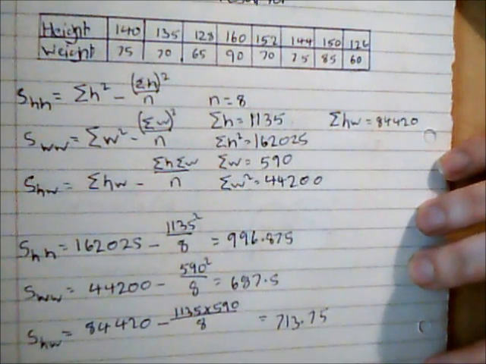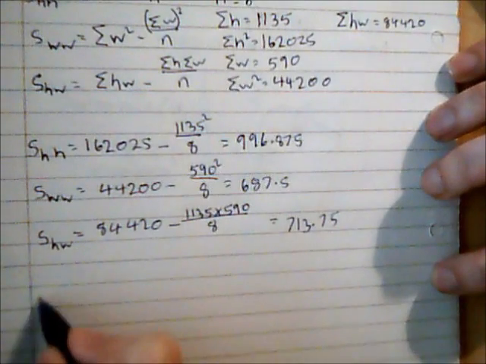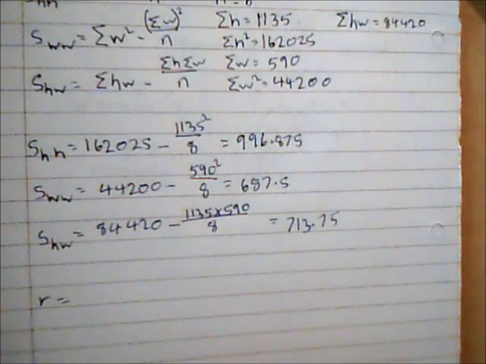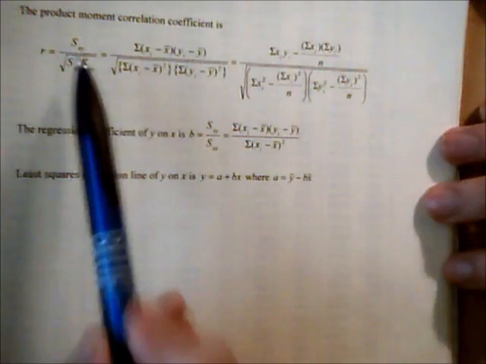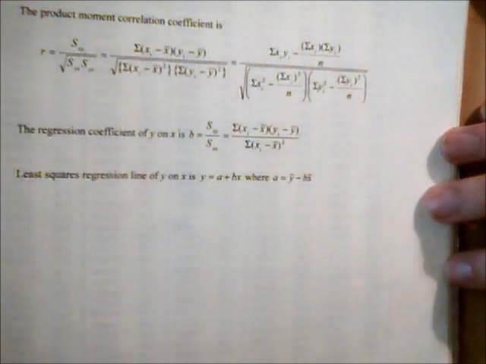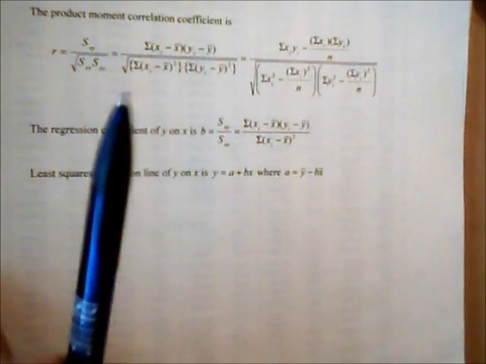So now I can move on to the actual product moment. So the actual product moment that I want, and again we can go back and check the formula book for that. So the formula book says it's here, so it's SXY over the root of SXX multiplied by SYY.